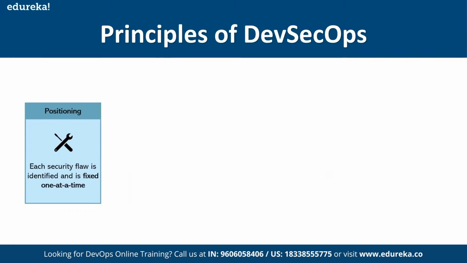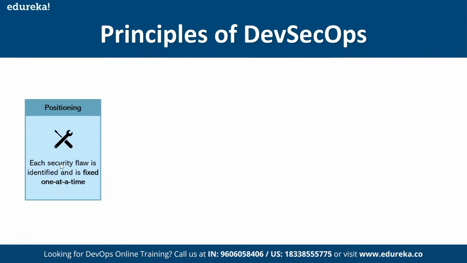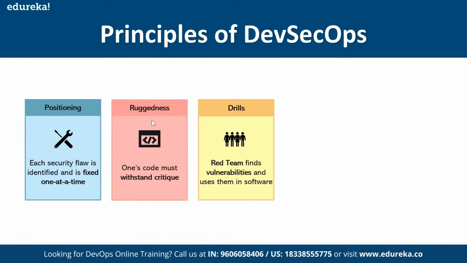Now, principles of DevSecOps. Positioning: each security flaw is identified and fixed one at a time. Whether it's development level flaws, deployment level flaws, or infra level flaws, they should be found and fixed. Recognize one's code must withstand critique, so all the vulnerable things should be identified on time.